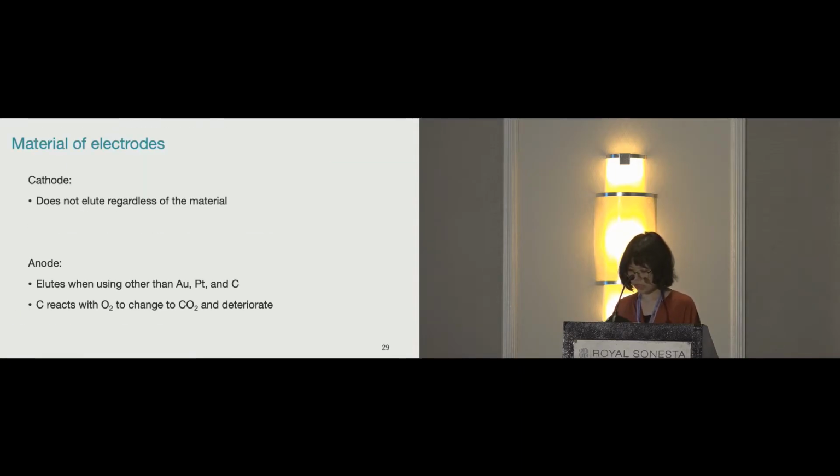Because the cathode does not elute regardless of the material, we used off-the-shelf pinhead parts that are easy to mount on the circuit board. On the other hand, anode elutes when using other than gold, platinum, and carbon. In addition, when carbon is used, it reacts with generated oxygen and changes to carbon dioxide and deteriorates. Therefore, we used a pure gold foil that does not elute for the anode.